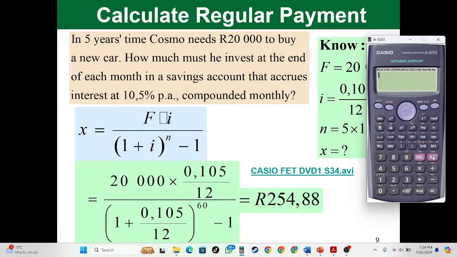So with me, I'll have a fraction form, 20,000 in the place of F, because that's the future value already.